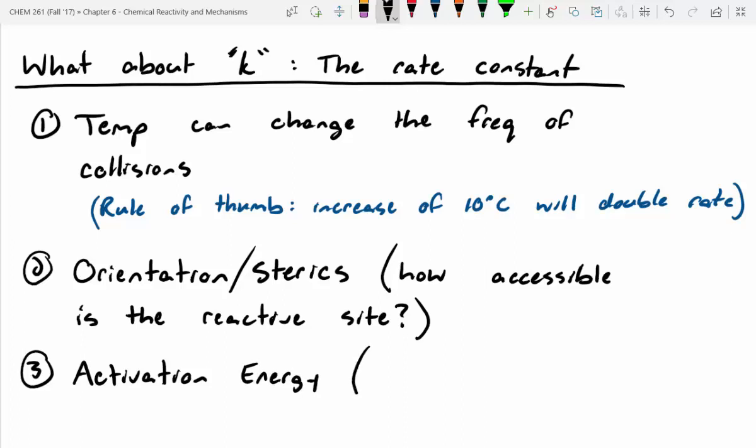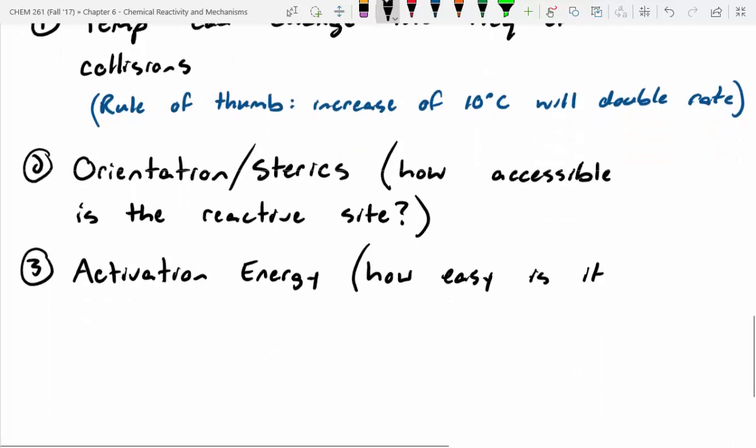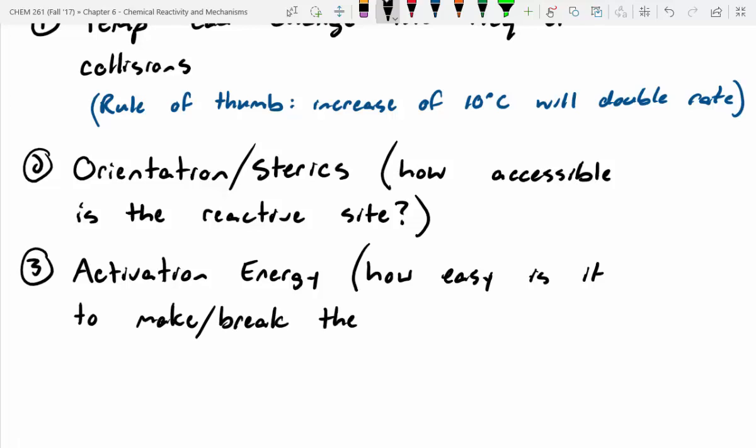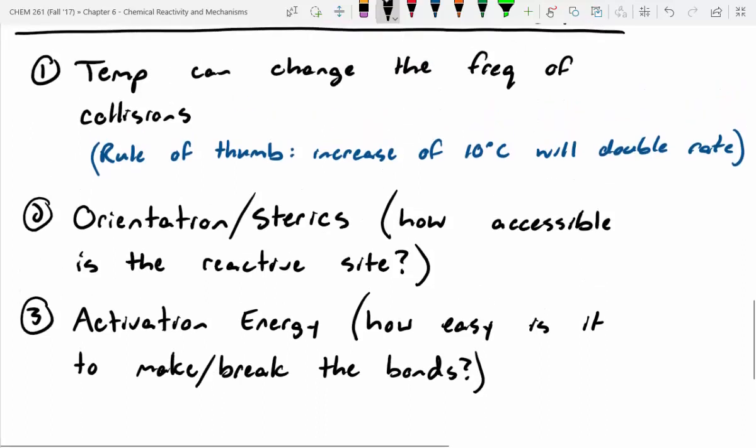Activation energy is essentially asking how easy it is to make or break those bonds. So these are the three main components.